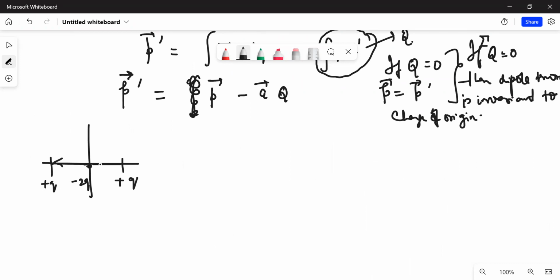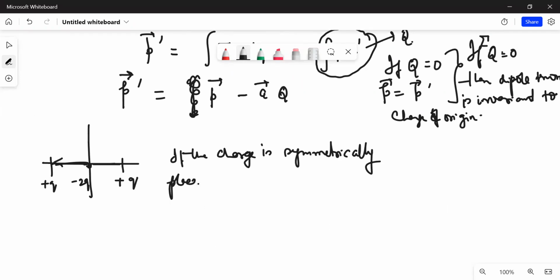So you can say that if there is a point of symmetry, if the charge is symmetrically placed with respect to origin. So here you can see that one charge q is placed at a distance a from origin, and another charge q is placed at a distance a from the origin on the other side. So both of them are placed equally, and minus 2q is placed at the origin.